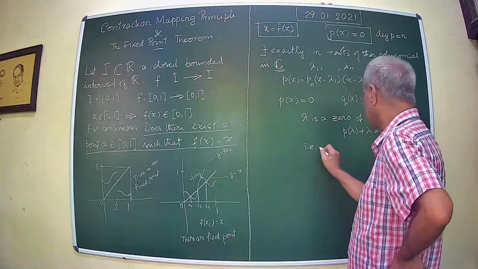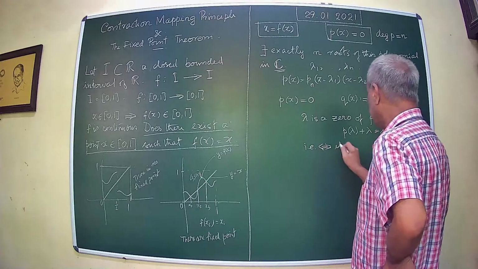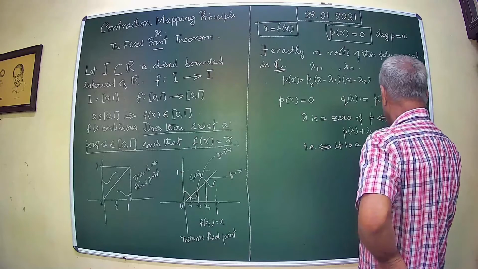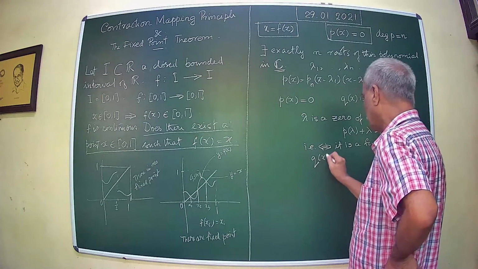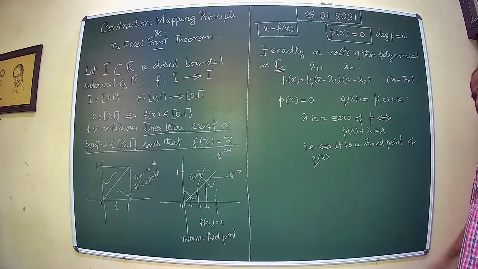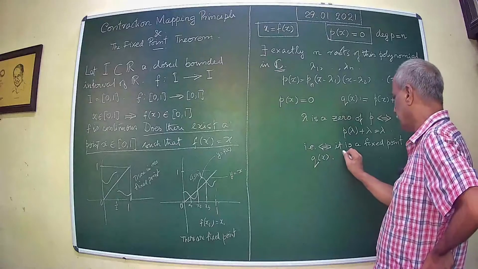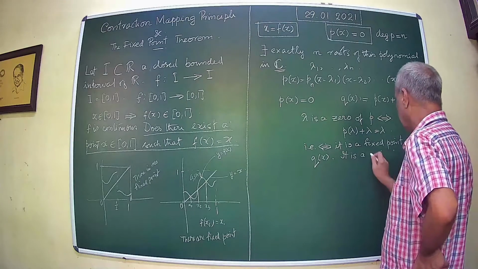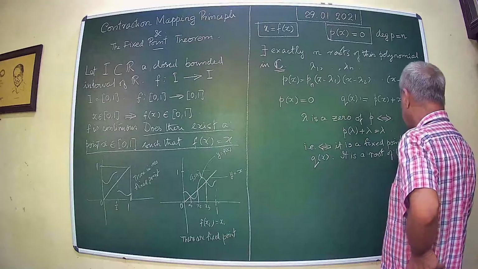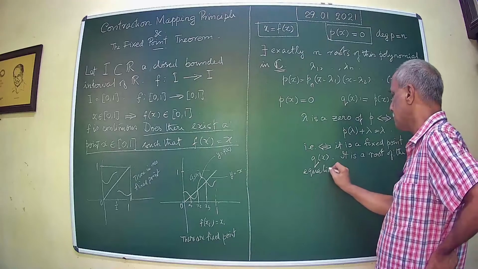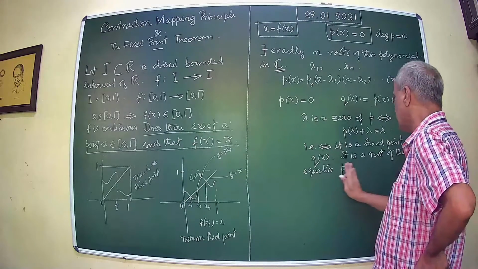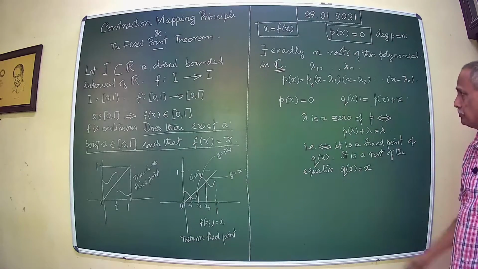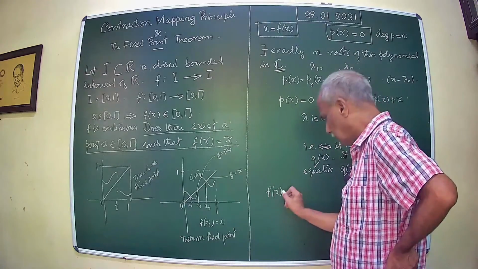That is, if and only if it is a fixed point of Q, the polynomial Q. Q is also a polynomial, or it is a root of the equation. This is the meaning.